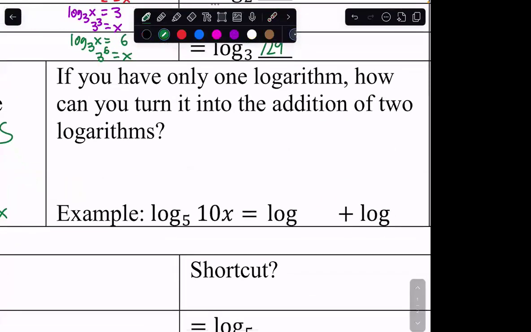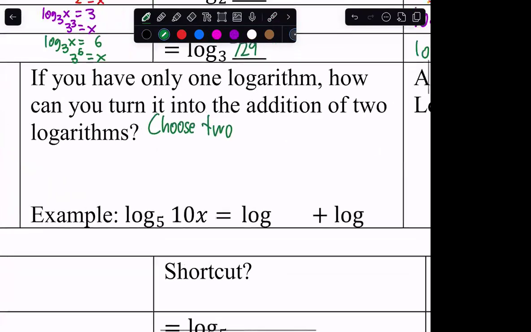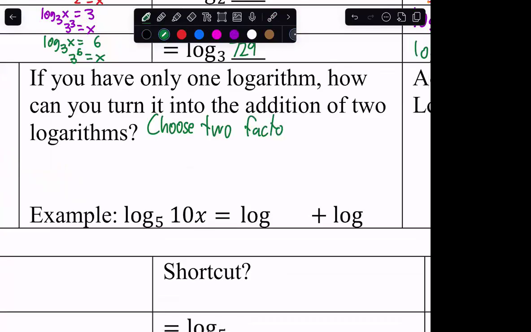So again, if you want to split something up into the addition of two logarithms, you just need to choose two factors which multiply to the argument.